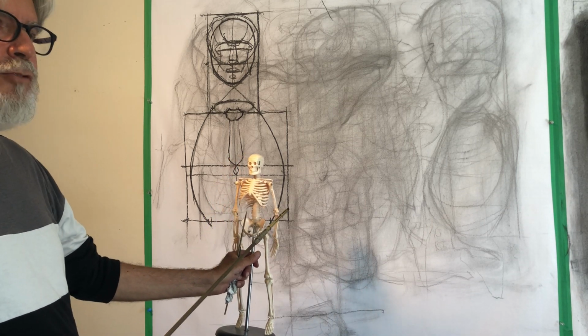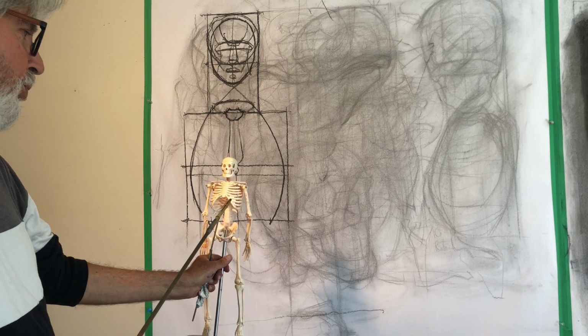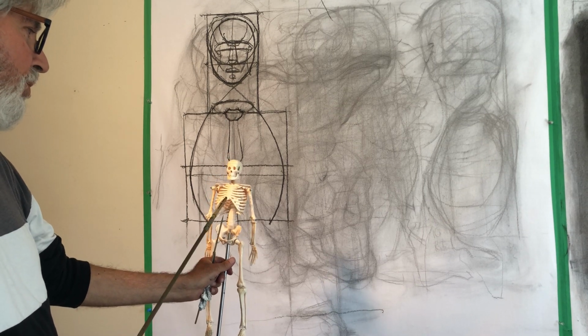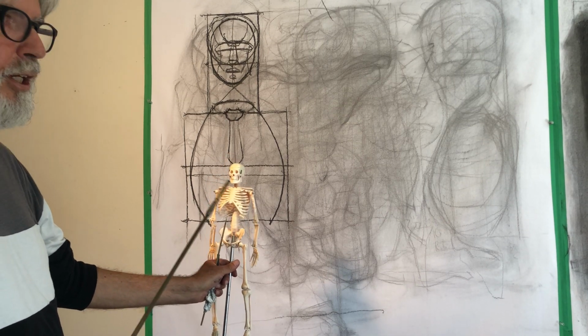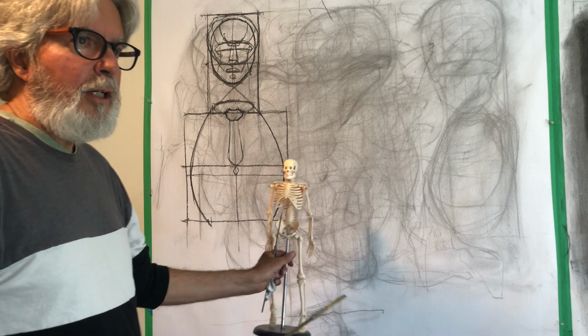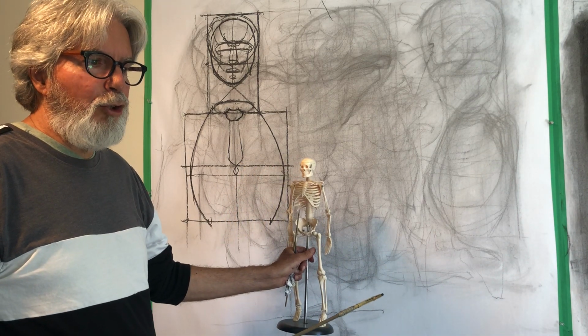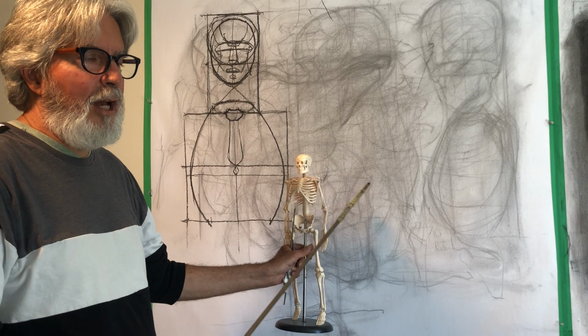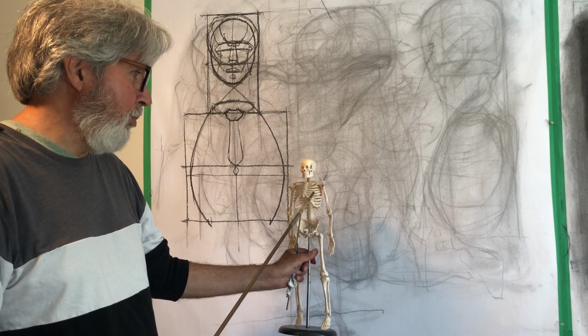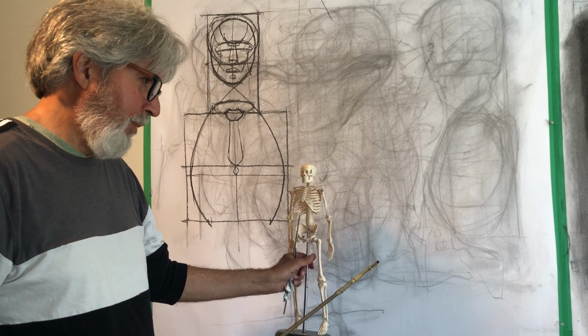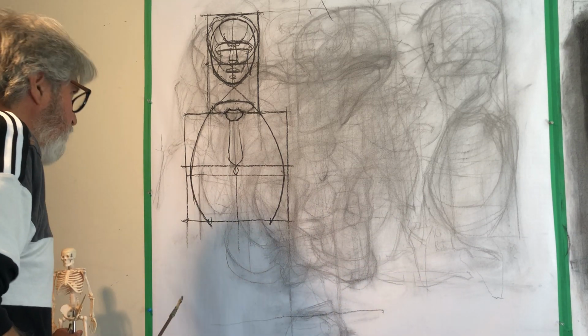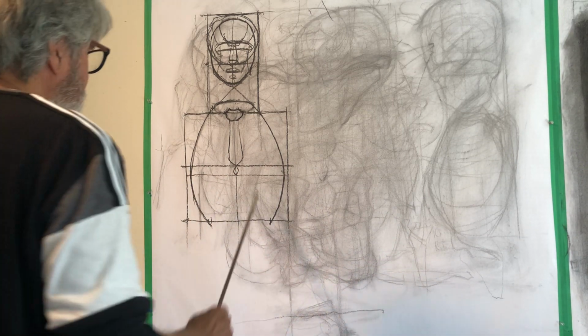The guy I watched for years, Robert Beverly Hale, will use 3. I like to sum it up in 2 because it makes 2 planes. But you're going to come up with your own interpretation eventually. When I look at the ribs, I see it easily broken up into 2, plus it makes 2 planes in the rib cage. So all of us do it slightly different, okay?